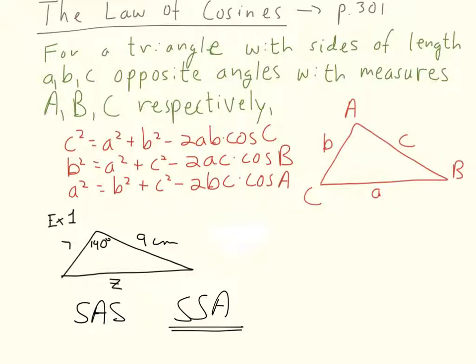I don't believe you're going to have any problems on the homework where you need to do that. So we're not going to worry about that situation right now, but we will come back to it. You might recall from geometry that SSA was one of the situations that actually did not lead to triangle congruence. It's a special case that seems like it would work, but it doesn't always work.